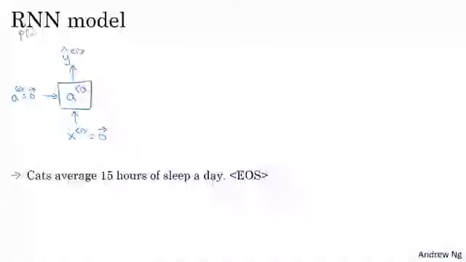What's the chance that the first word is A, what's the chance that the first word is Aaron, and then what's the chance that the first word is cats, all the way up to what's the chance the first word is Zulu, or what's the chance that the first word is an unknown word, or what's the chance that the first word is the end of sentence token, which shouldn't happen really, right?